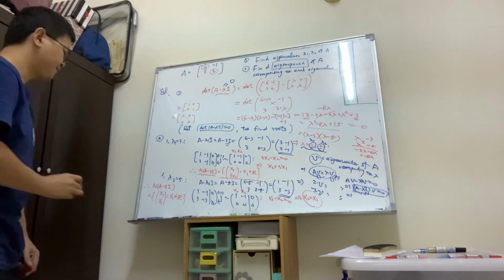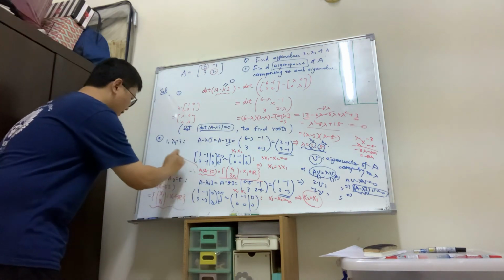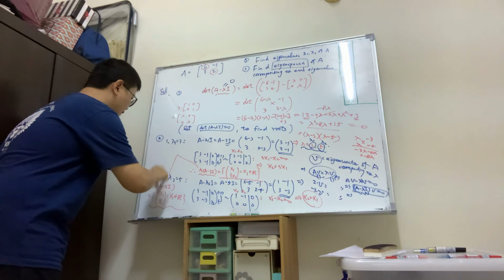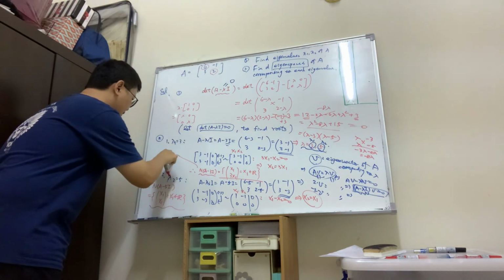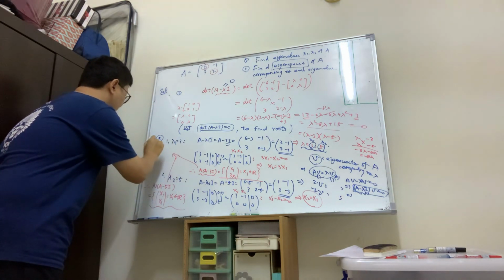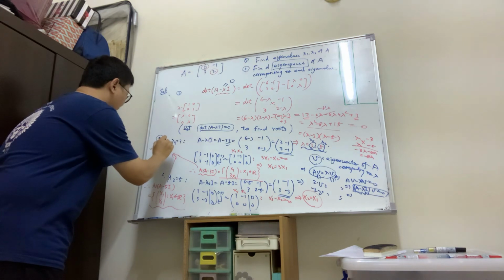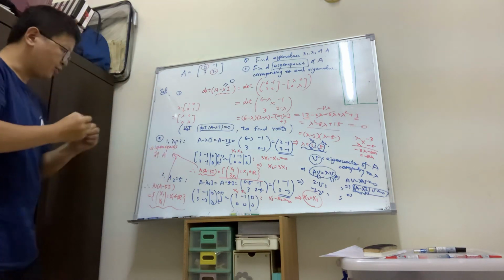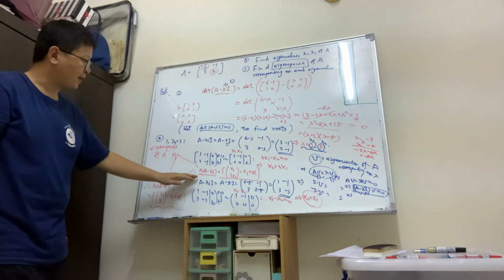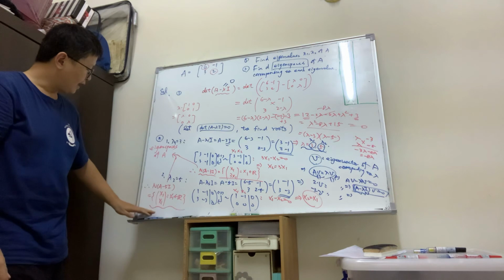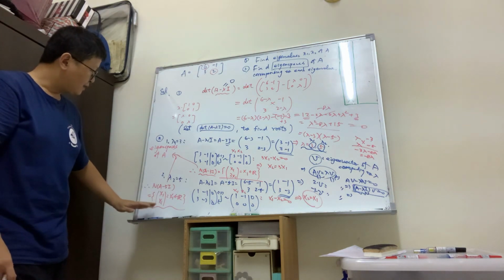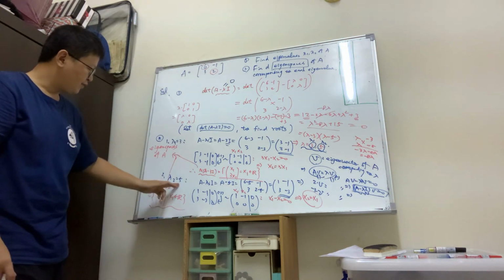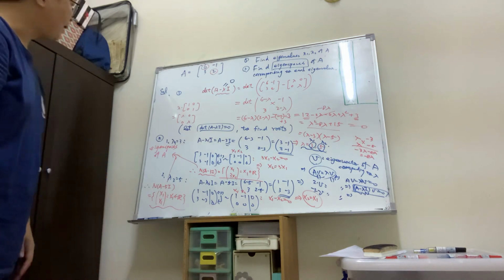So these two subspaces are eigenspaces of A: this one is the eigenspace of A corresponding to eigenvalue 3, and that one is the eigenspace of A corresponding to eigenvalue 5. Okay? It's about the eigenspace.